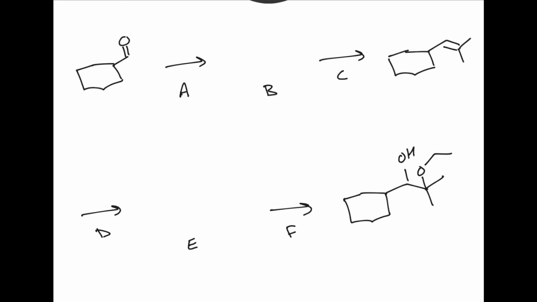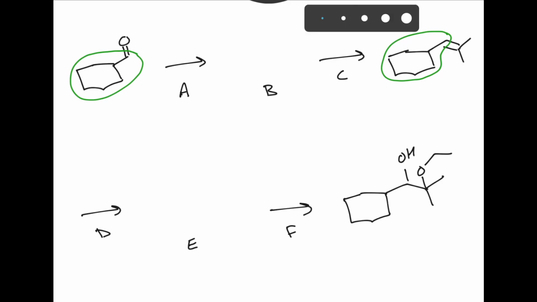What are the differences between the thing that we're given to start and the product after C? We've got extra carbons right here that we've got to add. We've got to make a double bond.